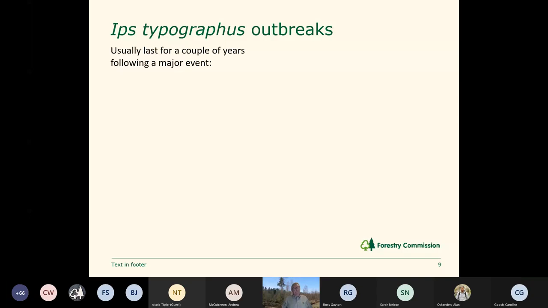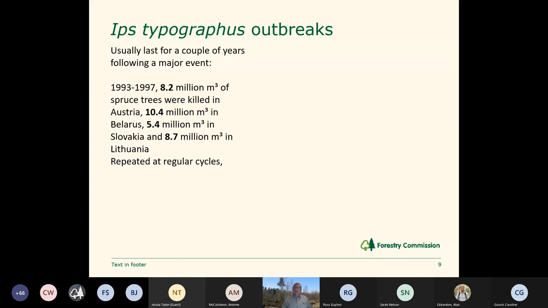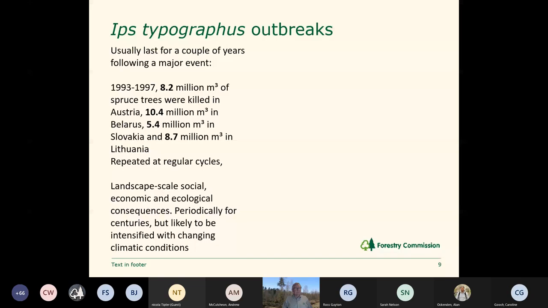An event of fire, flood, or stress of some sort then prompts a significant and very rapid rise in populations, and this has been going on for many years. It may be that the cycles are becoming slightly more frequent, and the numbers of trees affected and the volume of timber affected is quite staggering.